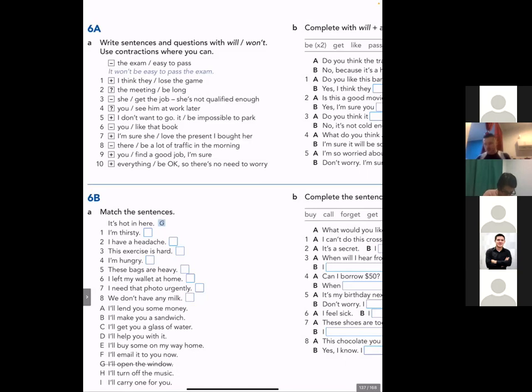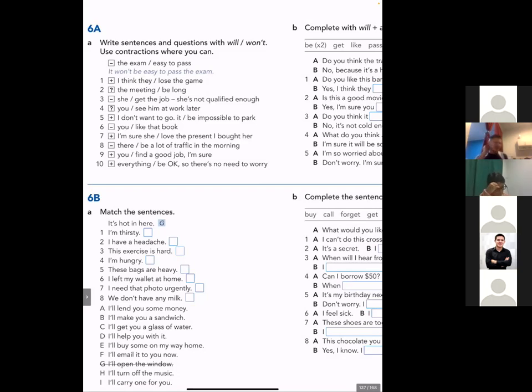Alan, can you do the following? Yes, teacher, I have a question. Sure. In the first question, I can say I think they'll go to lose the game.